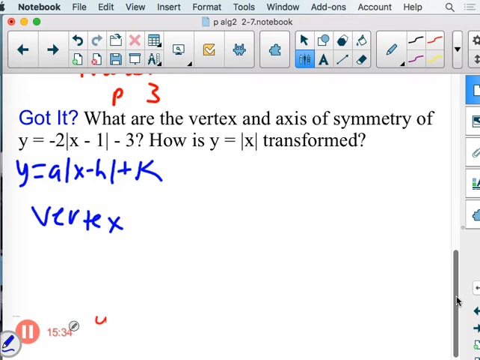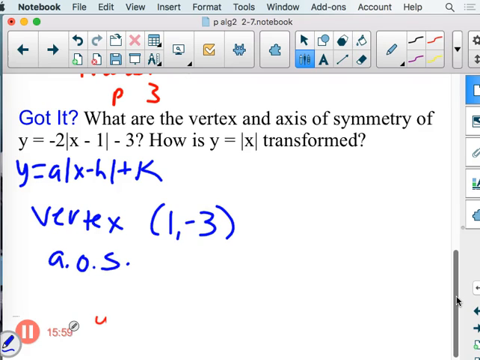Where is our new vertex? 1, -3. H and K. And I'm not going to write out axis of symmetry because I'm a math gal.